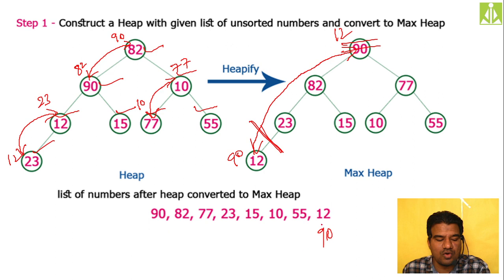So what will you get in level order traversal? 12, 82, 77, 23, 15, 10, 55. Like this you get all the elements in level order traversal except 90. 90 is fixed, we have deleted it from the heap.